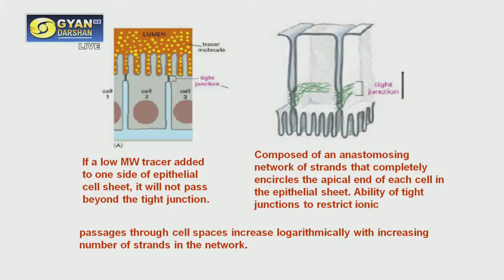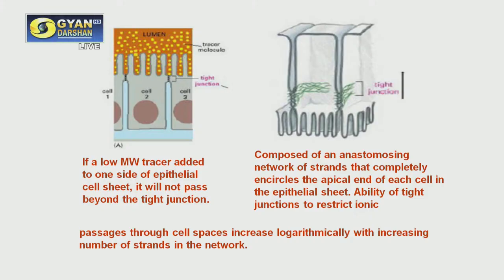And these strands, which are marked in green in the right hand side diagram, encircle the apical end of each cell in the epithelial sheet. So the ability of the tight junction is to restrict the ionic passage. They are composed of anastomosing thread-like structures.